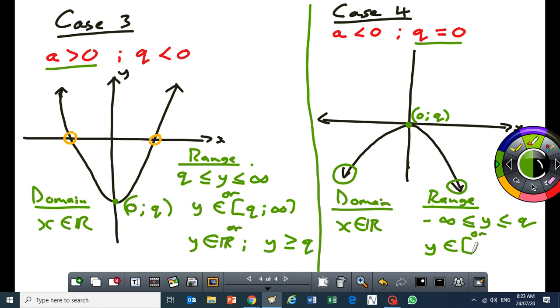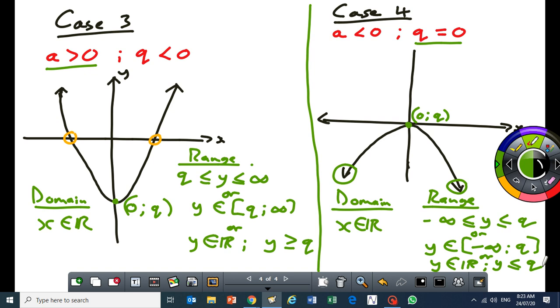We are starting with minus infinity, and we go as far as positive infinity. Or you can also write it as y is an element of real numbers, but y is less than or equal to q. Okay? So that's how you write the range. Now you can decide which format you prefer.